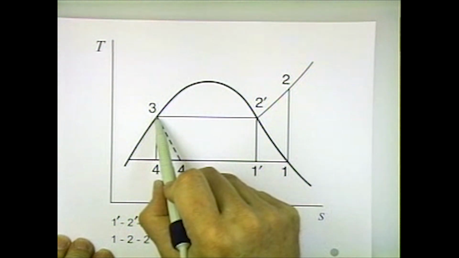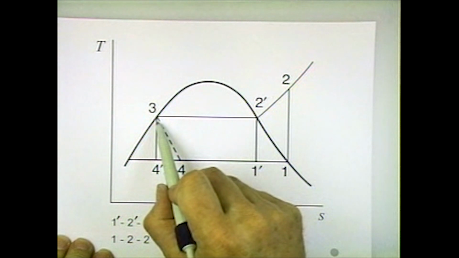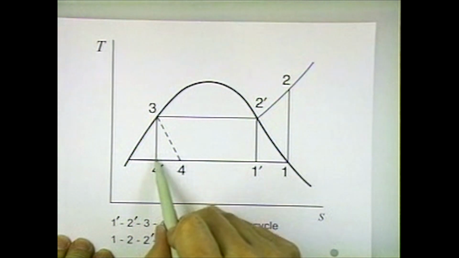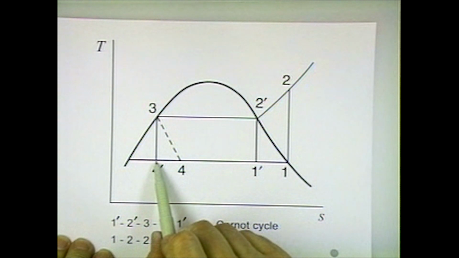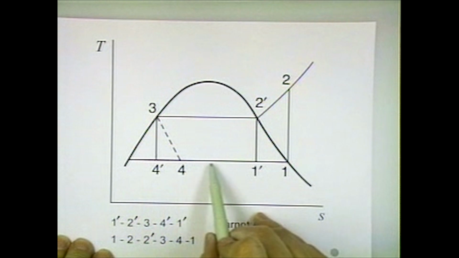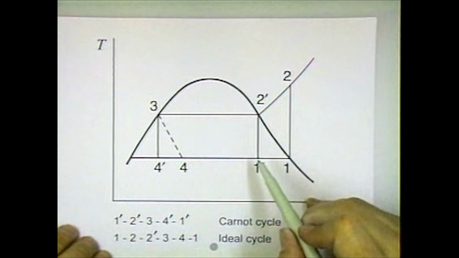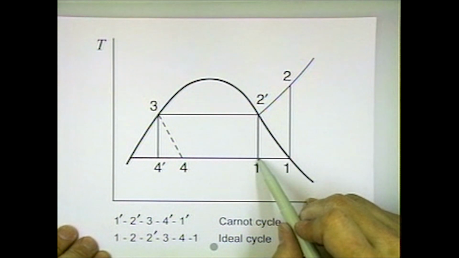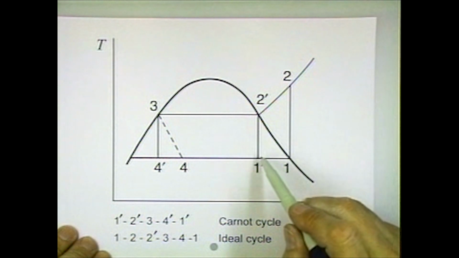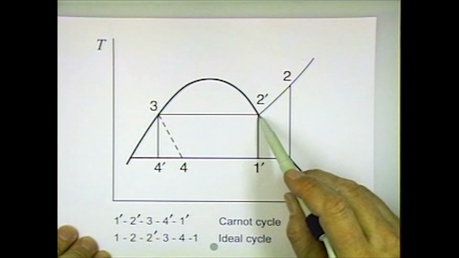In the Carnot process, we have an expansion process where we isentropically drop the pressure down here to 4', and then we go across the evaporator back to 1'. Now in practice, it's just about impossible to accomplish anything that looks like this, because this compression process from 1' to 2' is a two-phase process.